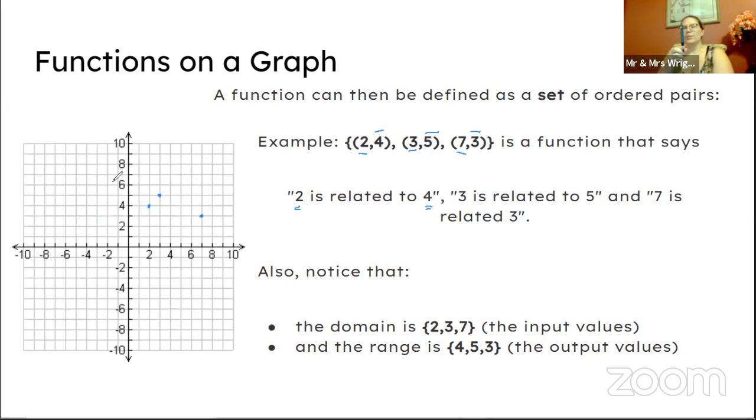And if at any point the pen or the pencil or any straight line crosses more than 1 point at once, then it is not a function. As you can see, if I were to have a slider and be able to slide this vertical line back and forth, it would only ever cross 1 point at any given time. And so that's one way you can tell that this is going to be a function.